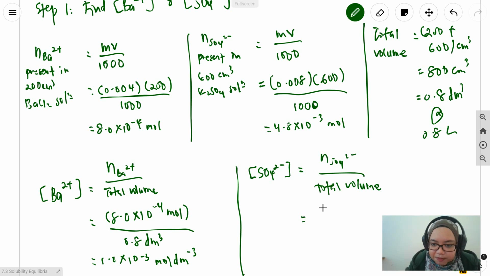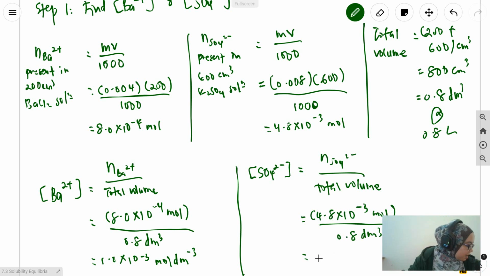Okay, so kita akan dapat 4.8 times 10 negative 3 mole divide dengan 0.8 decimeter cube. You will get the molarity is 6.0 times 10 negative 3 mole per decimeter cube.